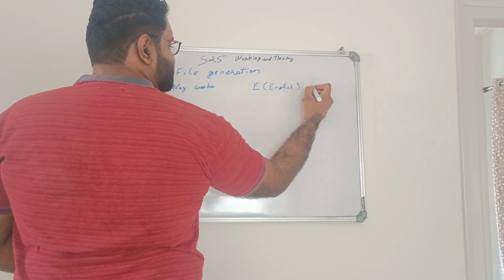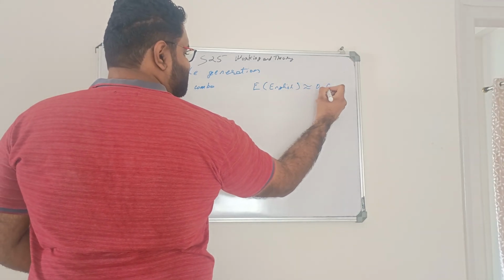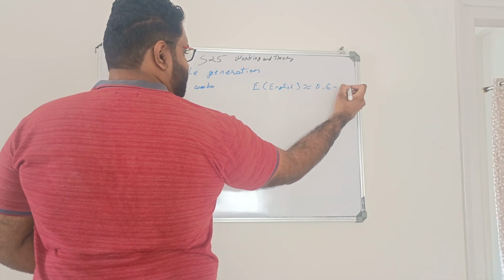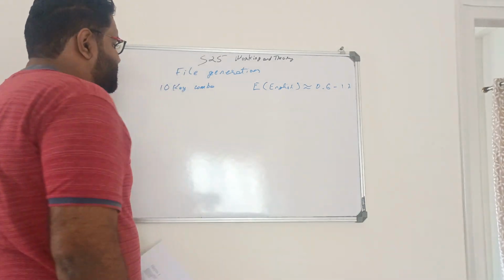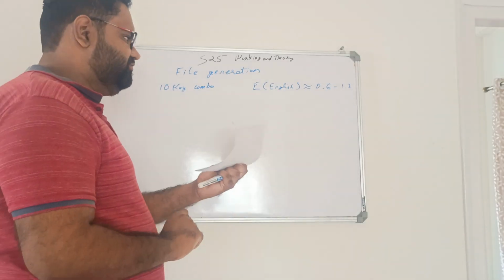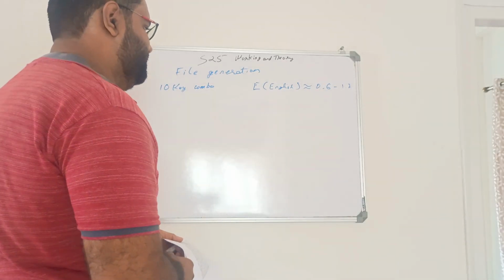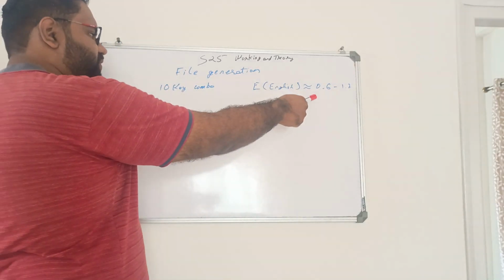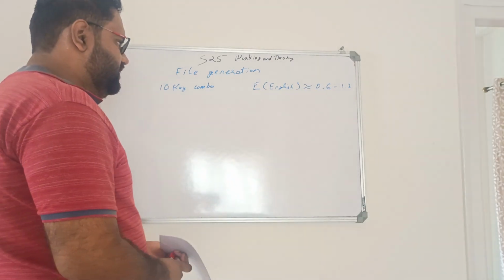English is around 0.6 to 1.2, I think. This was done by Shannon. I mean, this work was to calculate the entropy of English, and we found it to be 0.6 to 1.2 bits.